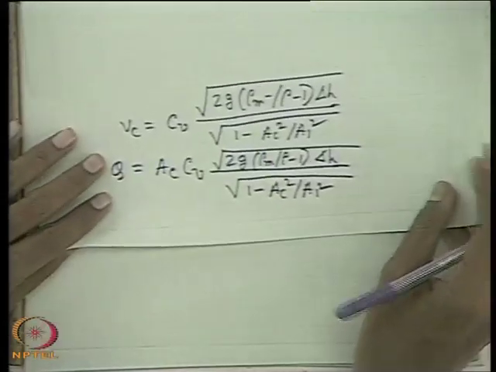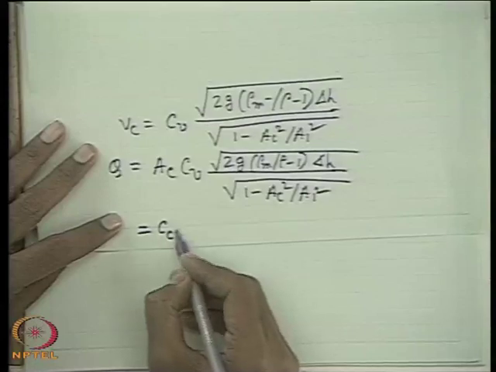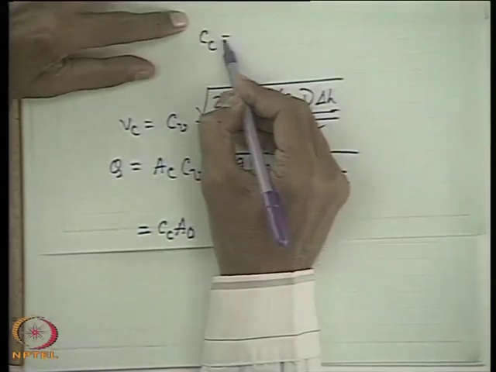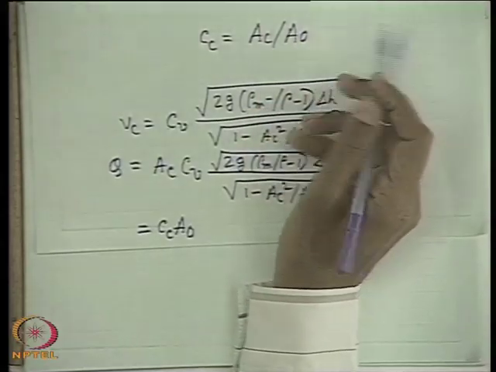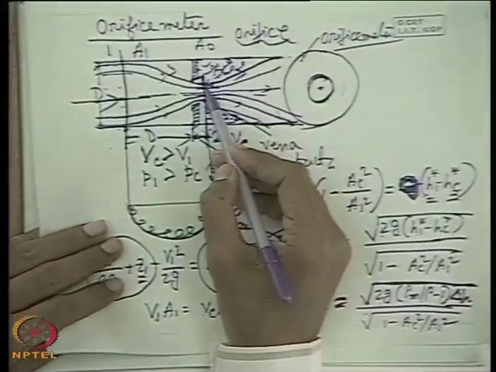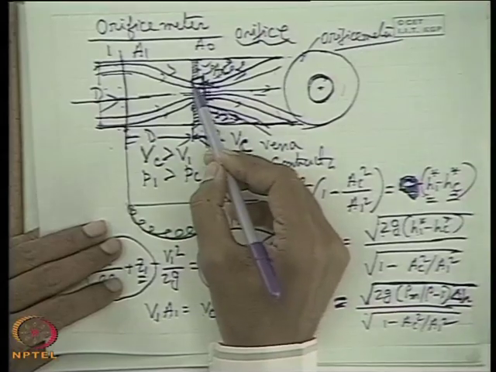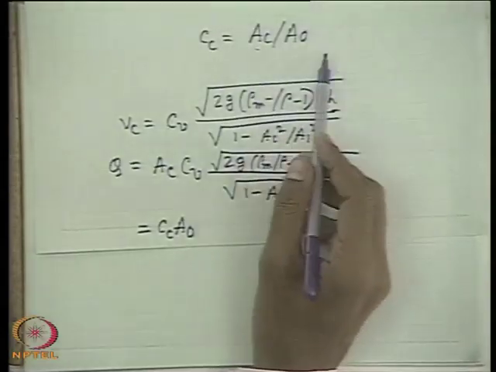Now what is AC? Cc into A0, because we define the coefficient of contraction as AC by A0. That means, as you know earlier also, the coefficient of contraction is the ratio of the area at the vena contracta to the geometrical area of the orifice or the aperture.